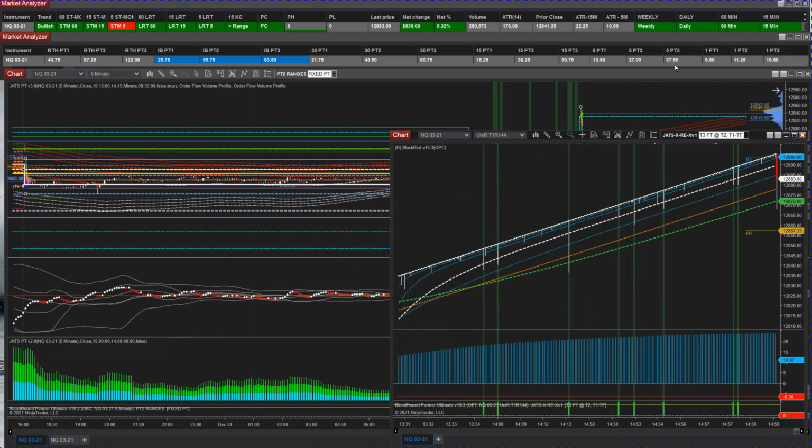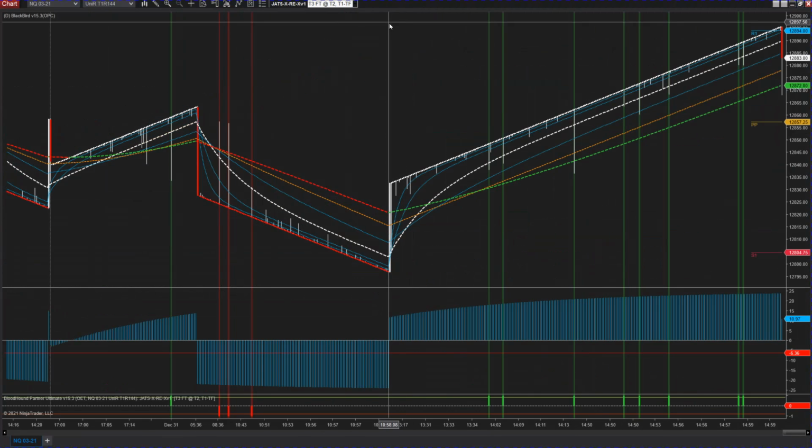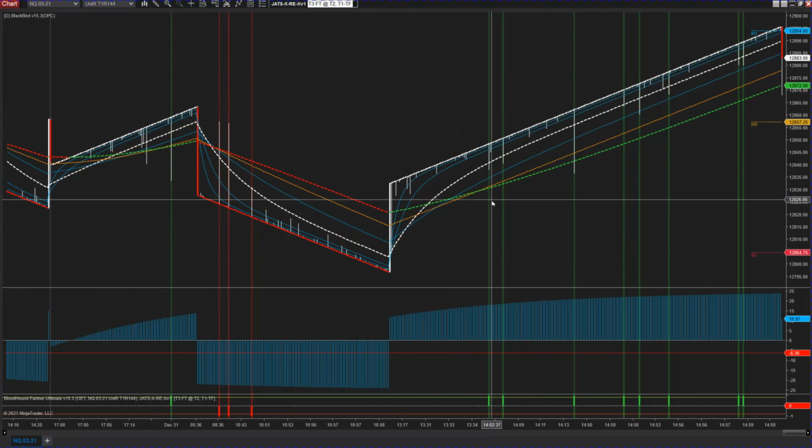So if my 5-minute range is 3750, I would multiply that by 4 and get 145. So 1 and 144 is 145.